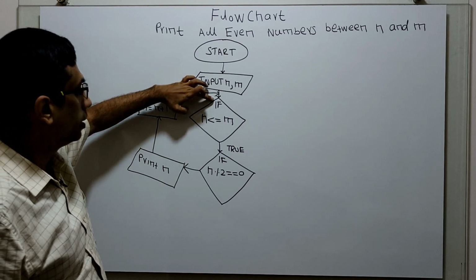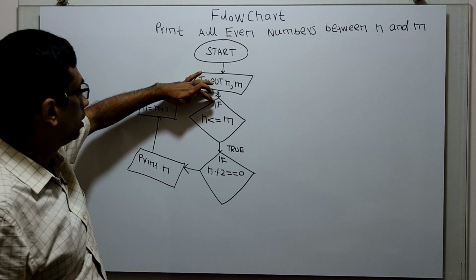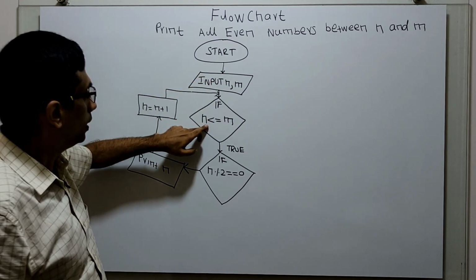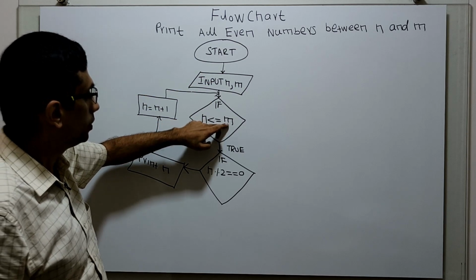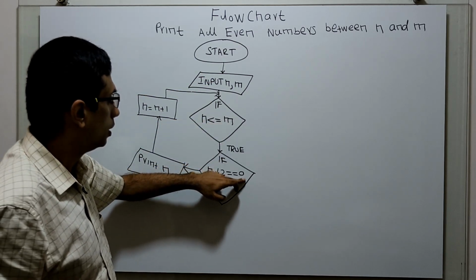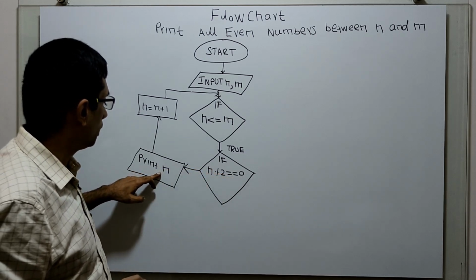It looks like a loop statement. So again the condition n less than or equal to m will be checked. If it is true, then n modulo 2 equal to 0 will be checked. If this condition is true, then the number will get printed.